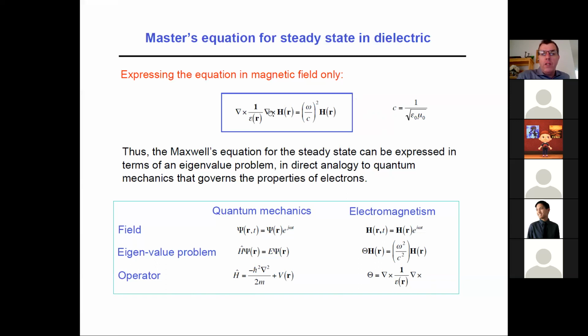And so this is a constant everywhere except at the boundaries. And at the boundaries, they have mathematical techniques for dealing with it. So you get a wave equation, and then you look for the eigenvalues of this operator in the wave equation. In quantum mechanics, those eigenvalues are the energy. In electromagnetism, those eigenvalues are the squared frequencies.